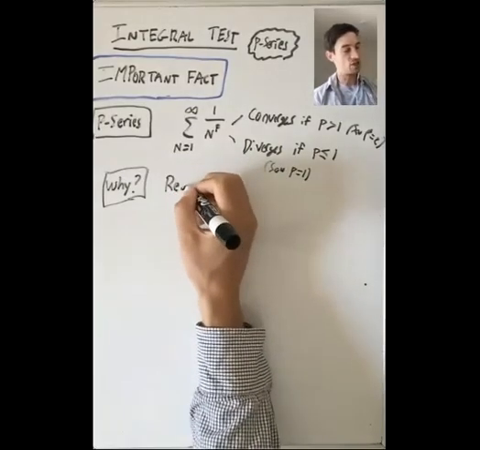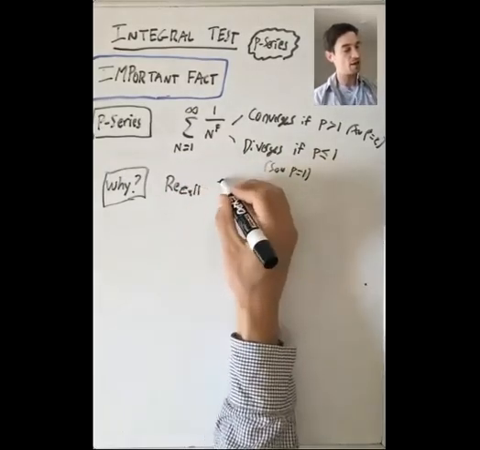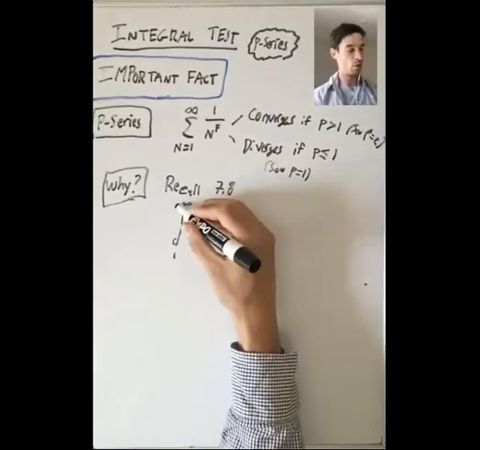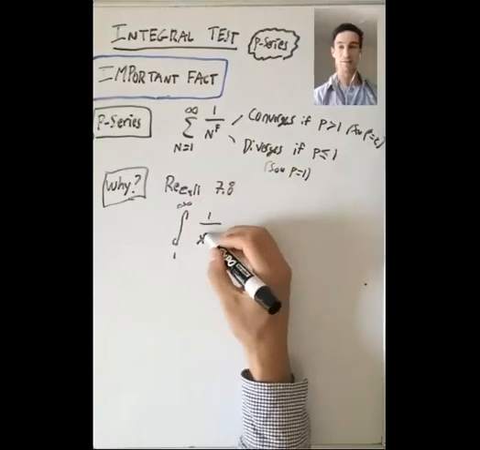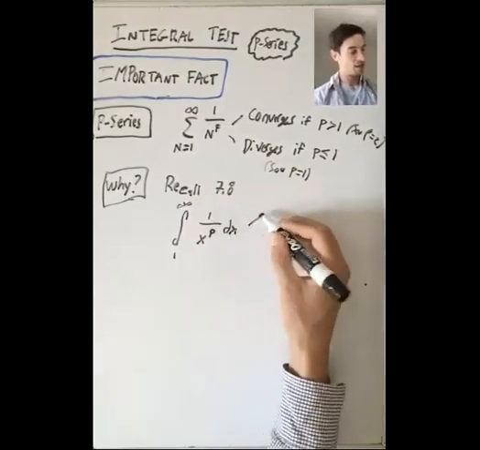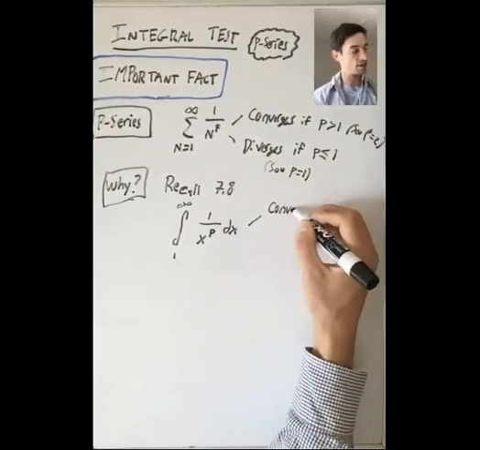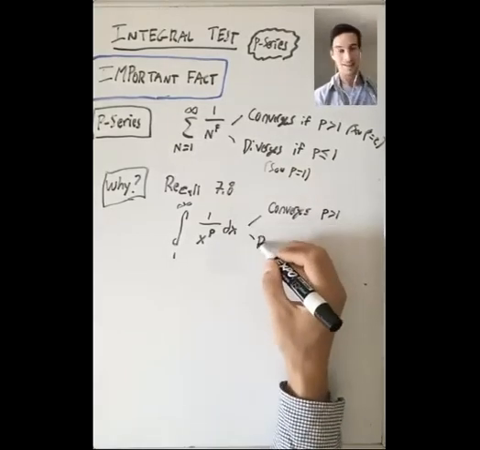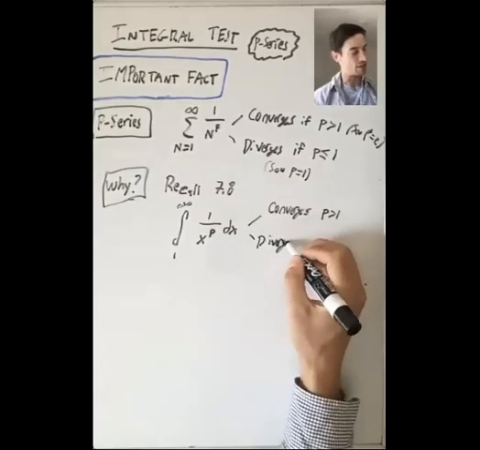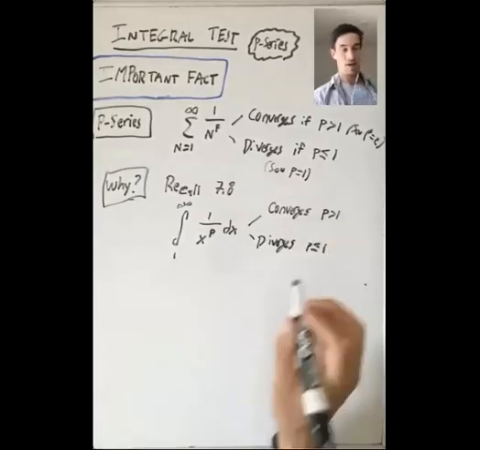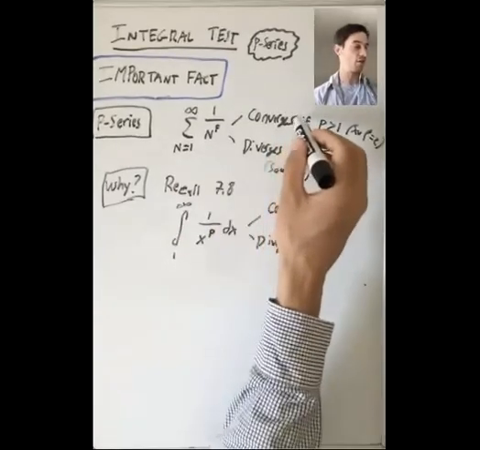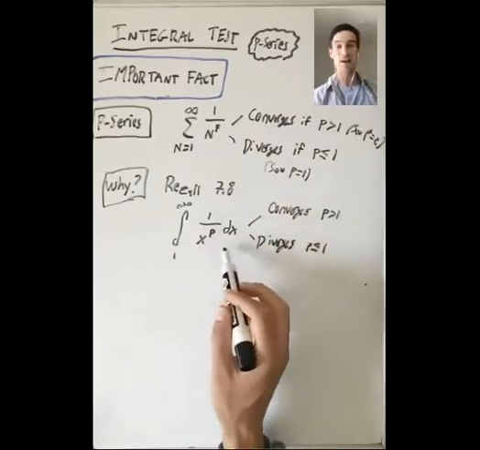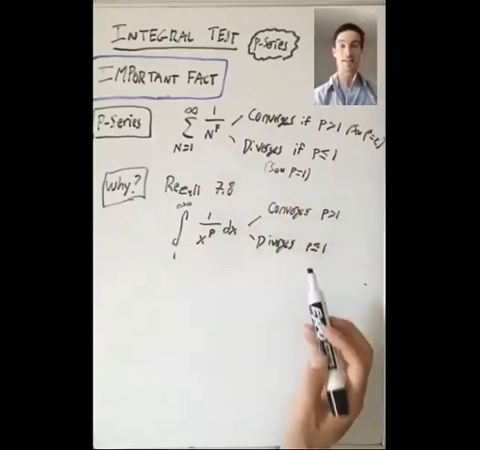Recall from section 7.8, when we talked about improper integrals, that the improper integral from 1 to infinity of 1 over x to the p dx converges for p bigger than 1, and it diverges for p less than or equal to 1. So why does this series converge for p bigger than 1 and diverge for p less than or equal to 1? Well, we're using this fact from section 7.8 plus the integral test.